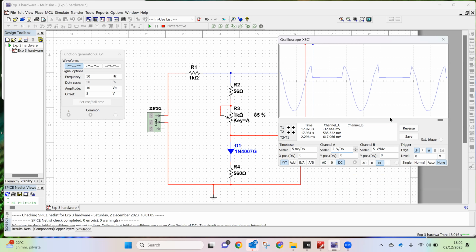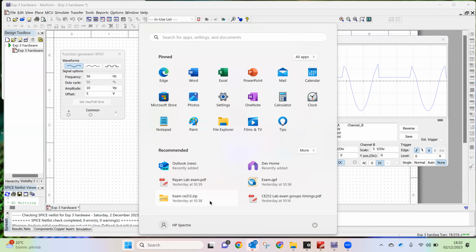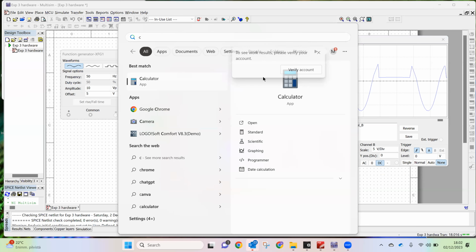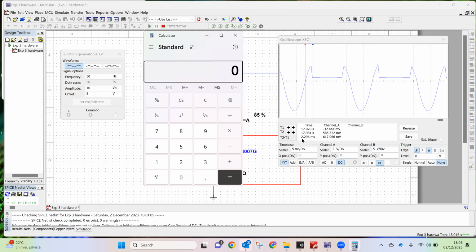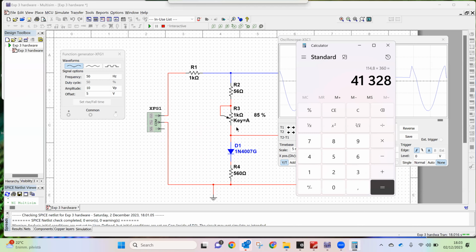I make it with the calculator: 2.296 multiplied by frequency 50 multiplied by 360 degrees. So this is 41.3, and this is in milliseconds, so it will become 41.32. It means alpha at 85% of variable resistance is 41 degrees.